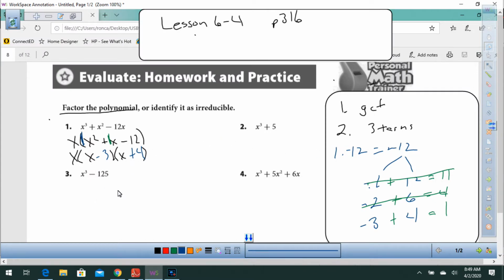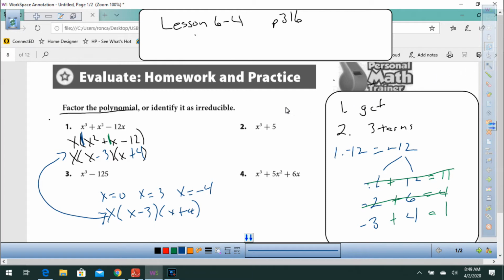You've got x equals 0, x equals 3, and x equals -4. That's what we had over here. So you subtract 0 from both sides and you get x. You subtract 3 from both sides and you get x minus 3. You add 4 to both sides and you get x plus 4. Isn't that cool? That's how we get it.